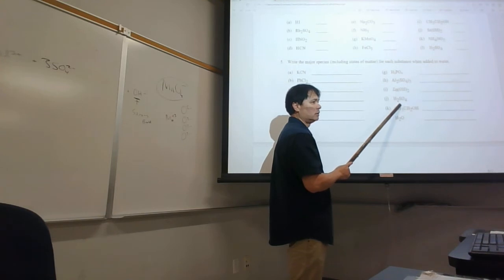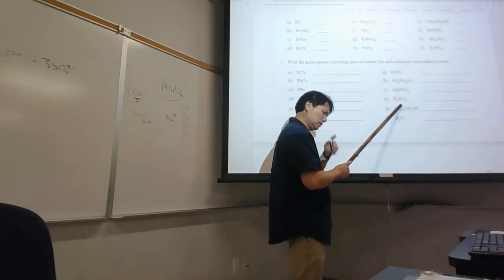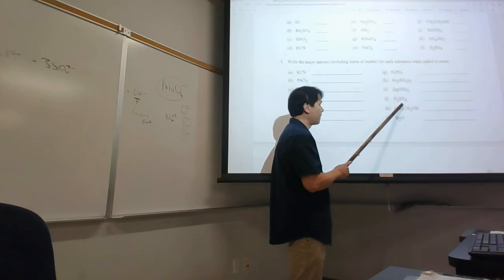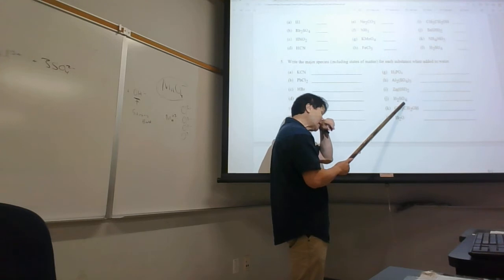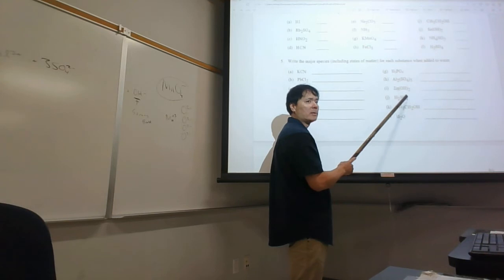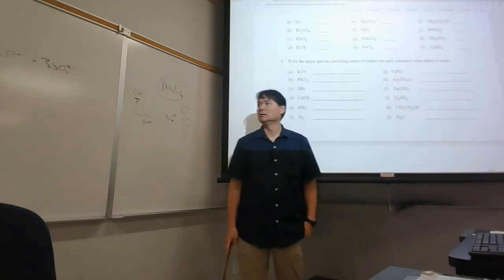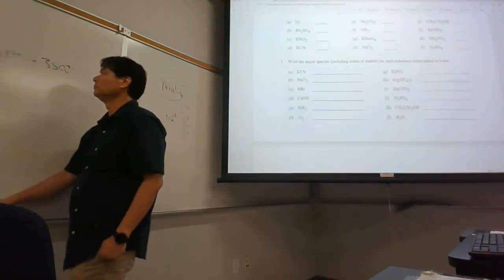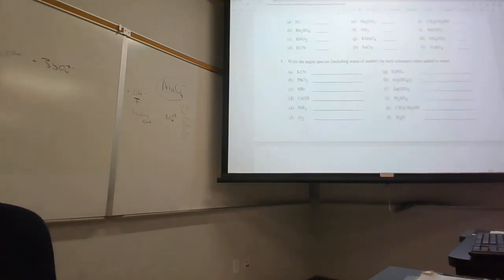J is sulfuric acid, strong acid, strong electrolyte. So what are the major species here? The major species are going to be hydrogen ion and what, sulfate?